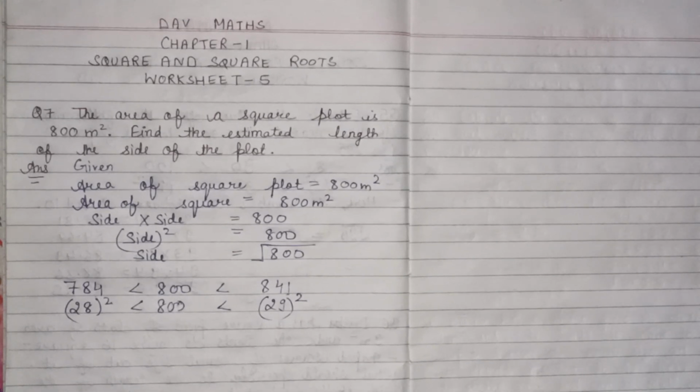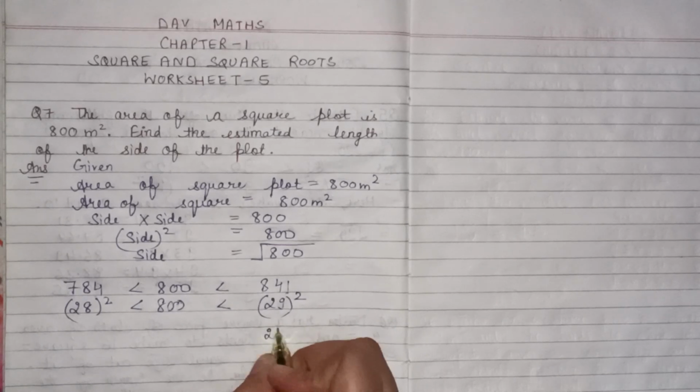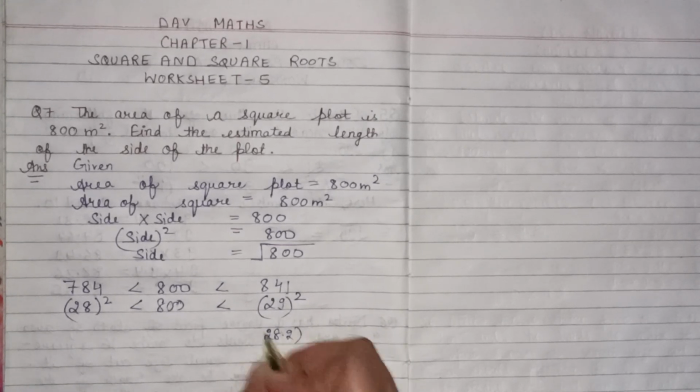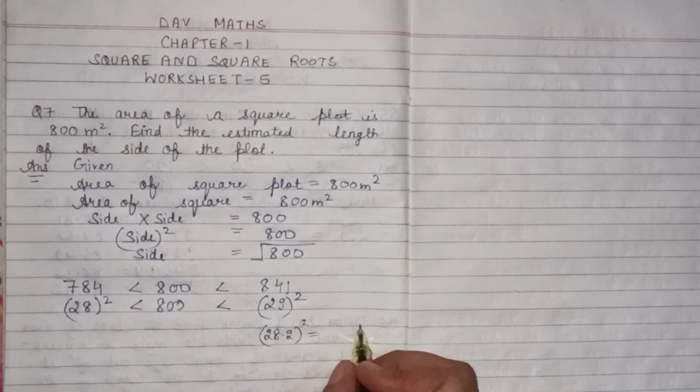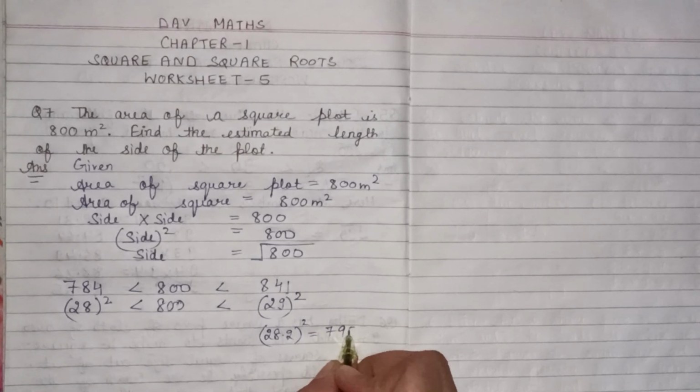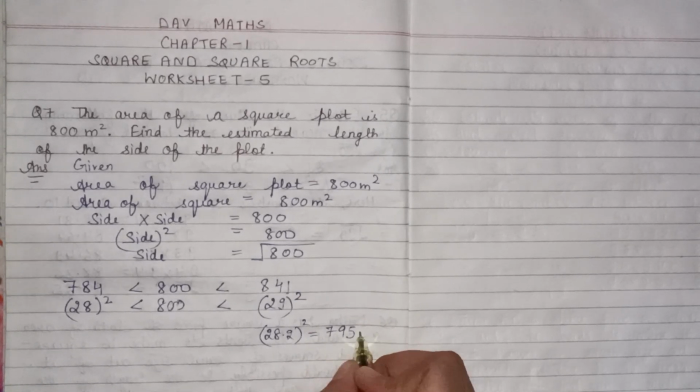So we have to multiply like this: 28.1 multiplied by 28.1, 28.2 multiplied by 28.2, 28.3 multiplied by 28.3, and so on. So I write here 28.2 square is equal to 795.24.